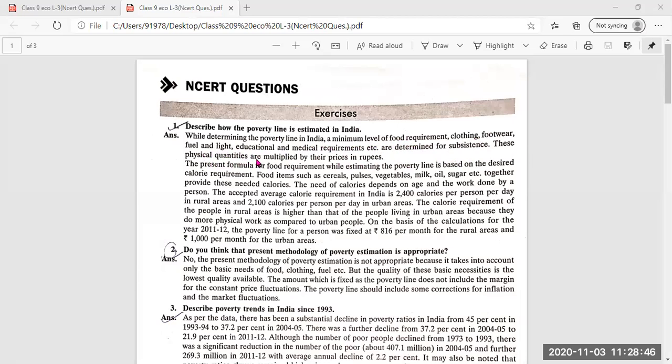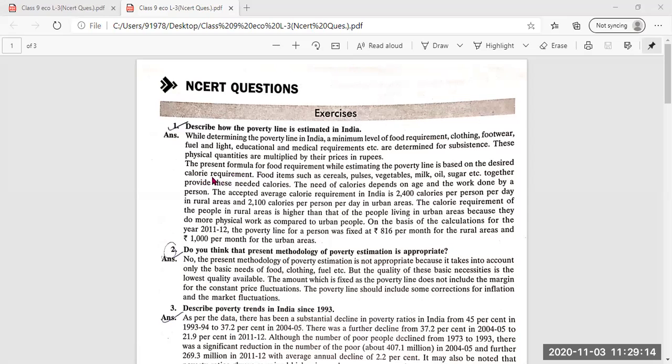These physical quantities are multiplied by their prices in rupees. The present formula for food requirement while estimating the poverty line is based on the desired calorie requirements. As we have seen in the lesson, according to the physical work, a requirement of calories is there for each person.